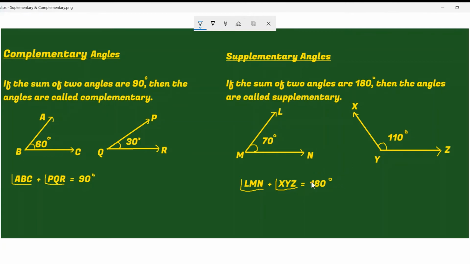So the sum of these two angles is 180 degrees. So I can tell the given angles are supplementary angles. So LMN is the supplementary of XYZ and XYZ is the supplementary of LMN. Let's move on to the next page.